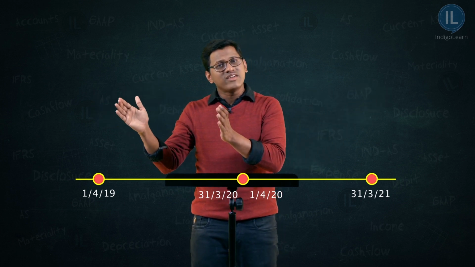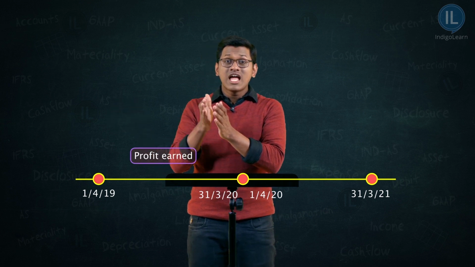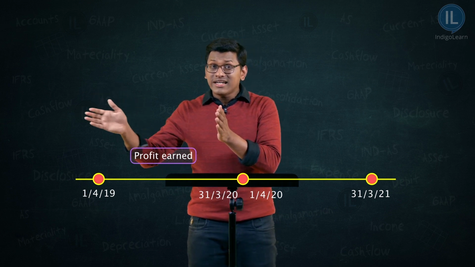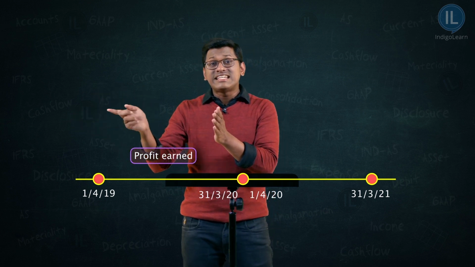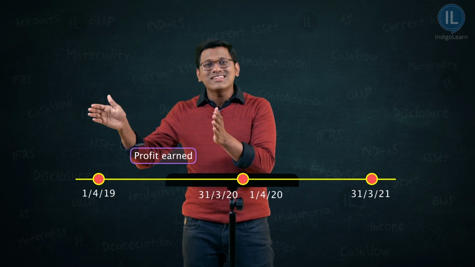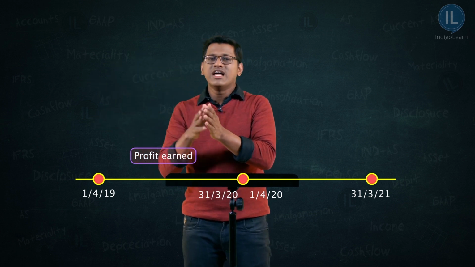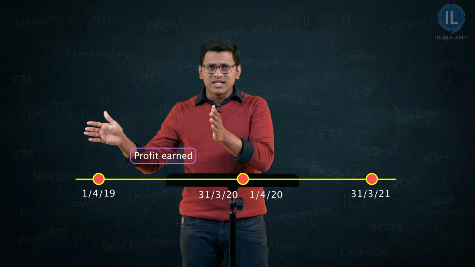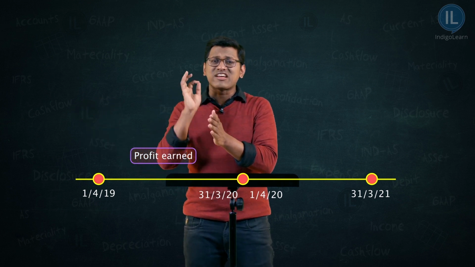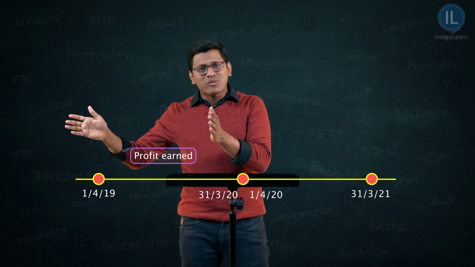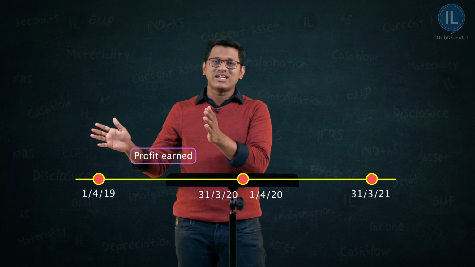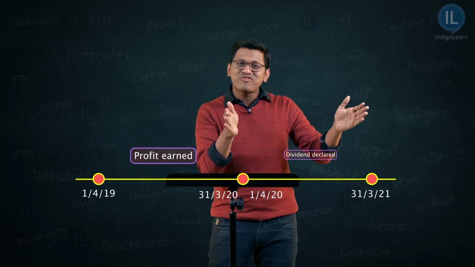In this year, we earned a profit. Profit we earned in this year is declared as dividend, not in this year, generally. Interim dividend, keep it aside. I'll come to interim dividend later. Profit whatever we earned in this year, when I talk about something like final dividend, that profit will be distributed as dividend in the next financial year.